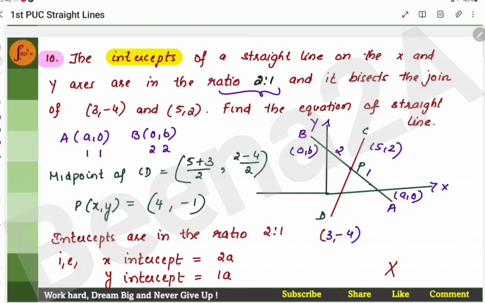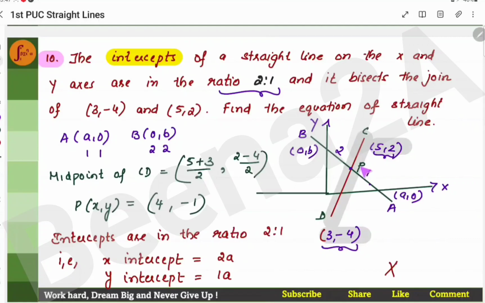This particular line bisects the line joining these 2 points, 3 comma minus 4 and 5 comma 2. Now this line CD is bisecting this line. Bisecting means it is exactly dividing the line into 2 equal parts, at the midpoint.